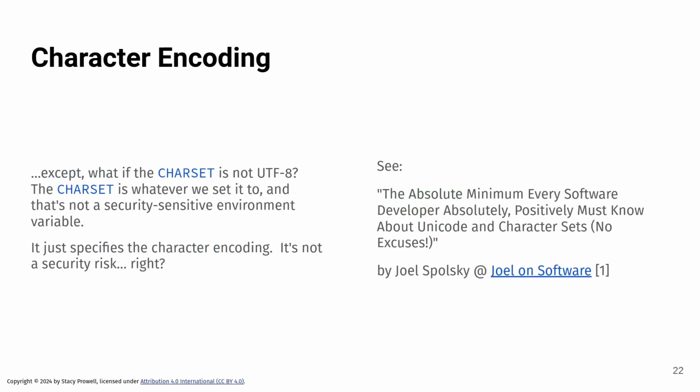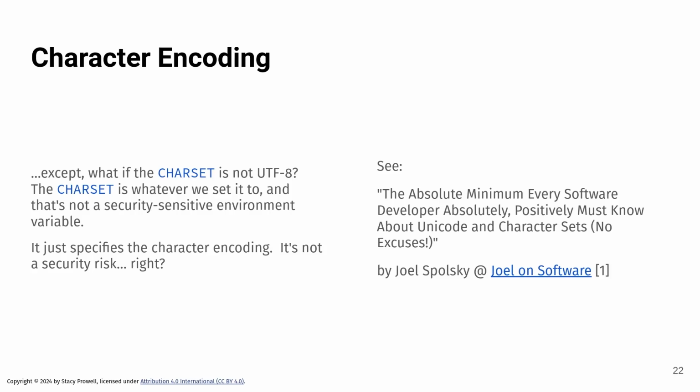What if the char set is not the UTF-8 char set? Well, we can set char set wherever we want. It's not an exploitable environment variable. Therefore, we can set it and it's preserved. So if I set char set and then I invoke Polkit with no arguments, the char set gets passed into it and I can set some other encoding.